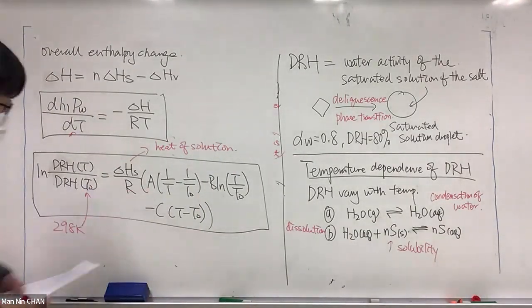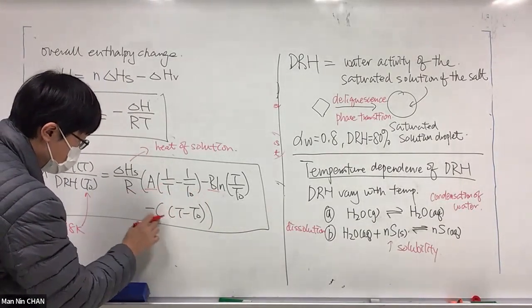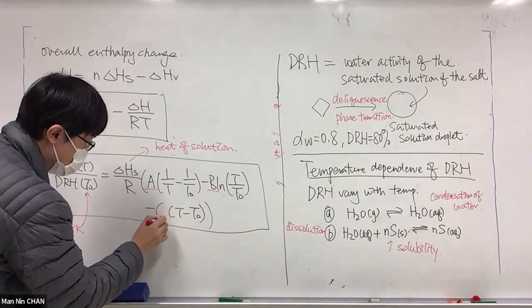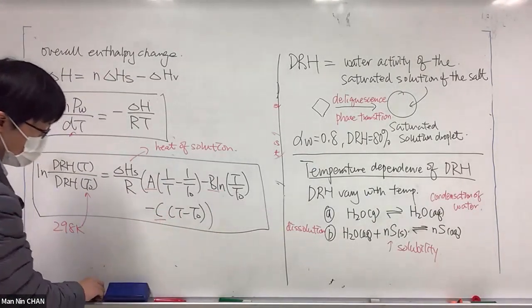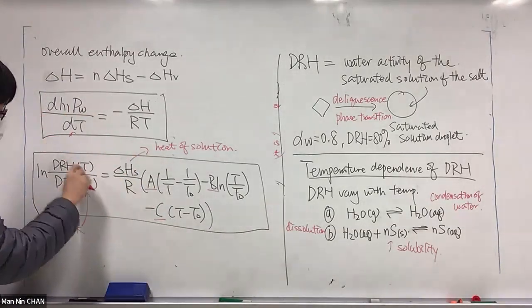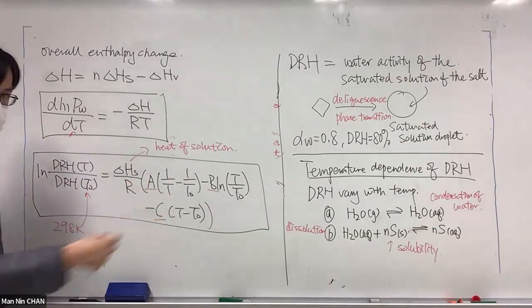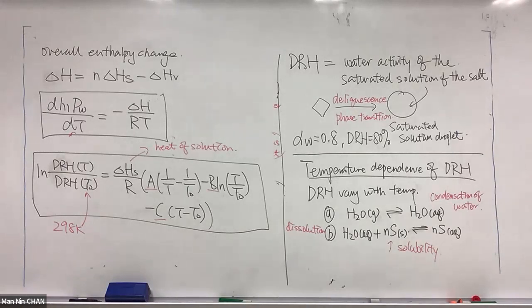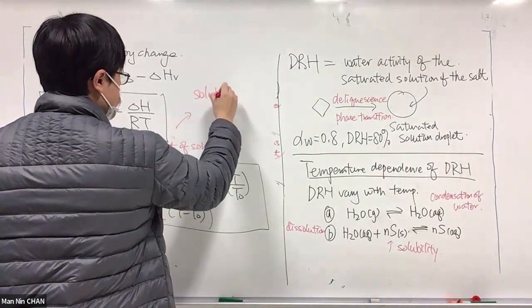Then this ABC is a coefficient that you can apply for different species. Different species will have different coefficients, which tell you how the DRH changes with the temperature. Because different species change to different extents. One crucial parameter affected by this coefficient is the solubility.